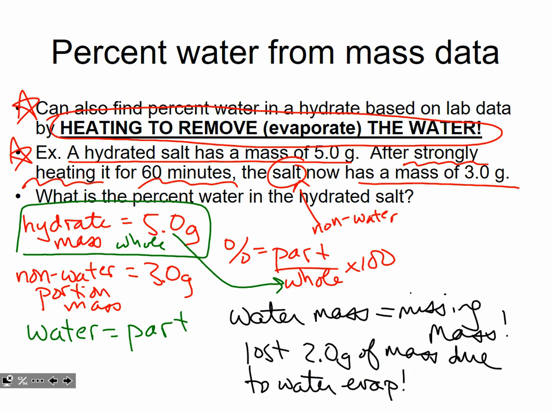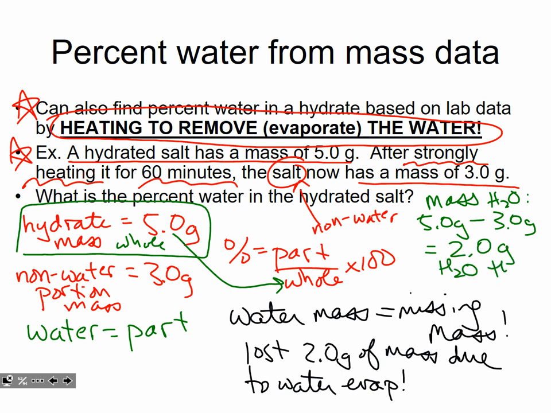Which means that we know that the mass of the water must be the difference. The 5 grams that we started with minus the 3 grams that we end with gives us the 2 grams of the water that left. This then allows us to solve the problem.